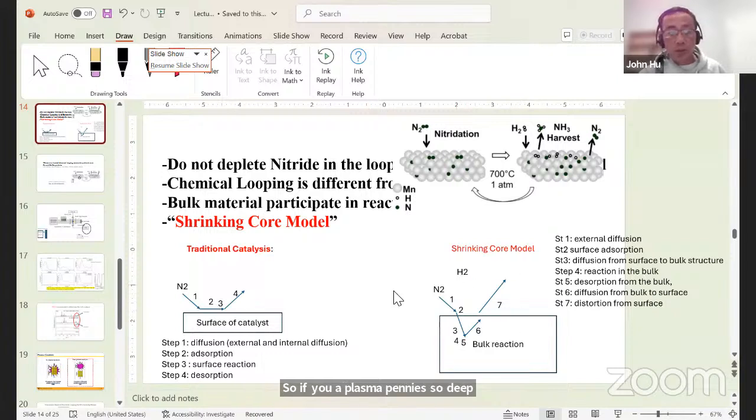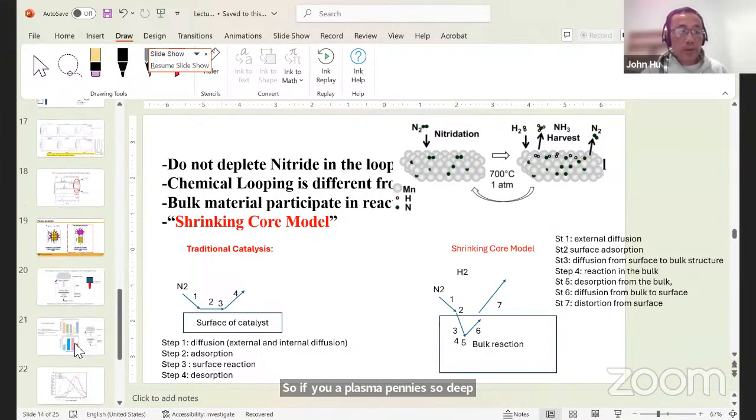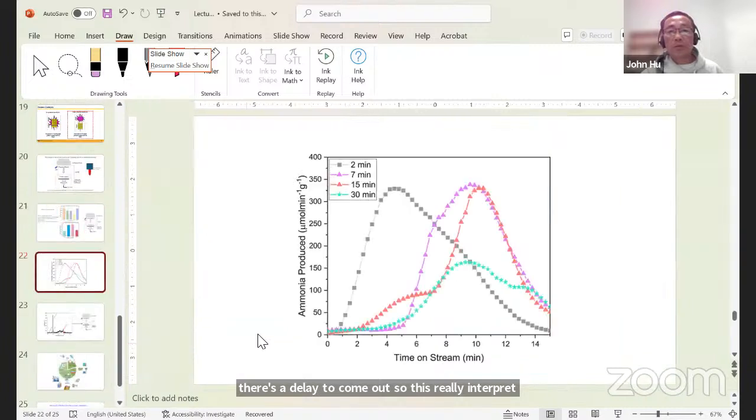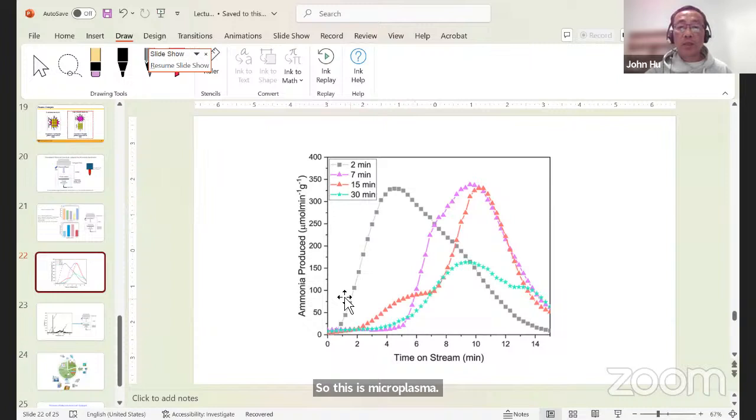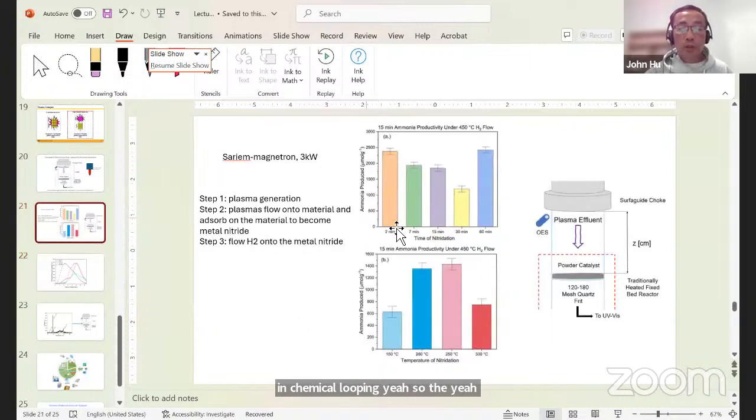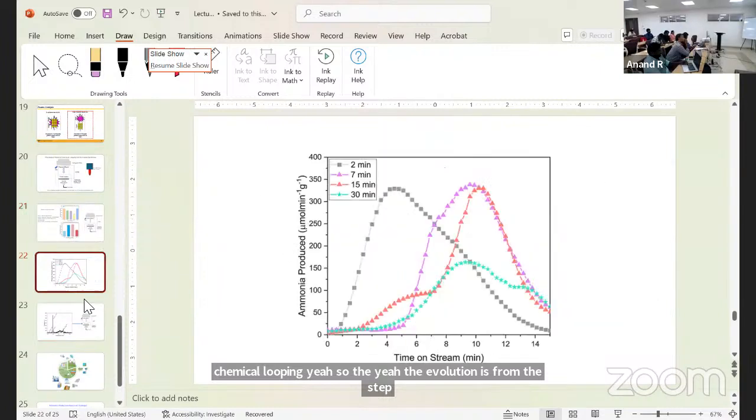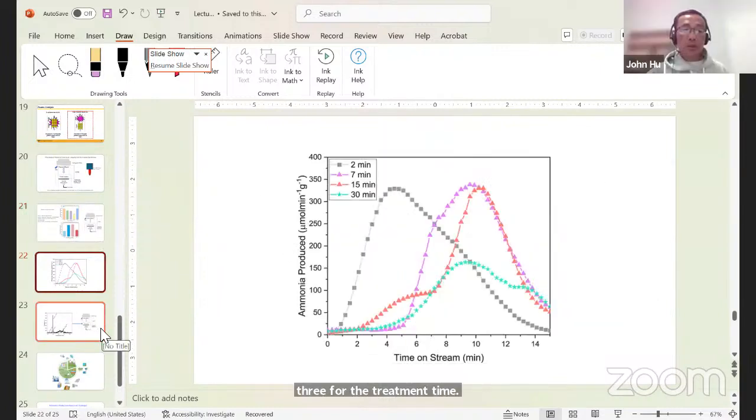So this really interprets this graph: shorter treatment time, less penetration; longer treatment time, more penetration, and then there's a huge delay. So this is microwave plasma in chemical looping. The evolution is from step 3, but the treatment time is from step 2. Any questions before we move on to the next?